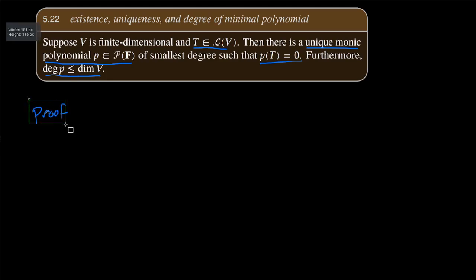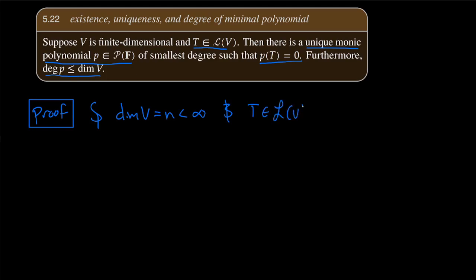Okay. I'm going to start off with our assumptions. Suppose dim v is less than infinity. And in fact, let me just say it's equal to n less than infinity. And t is in L(V). Okay.